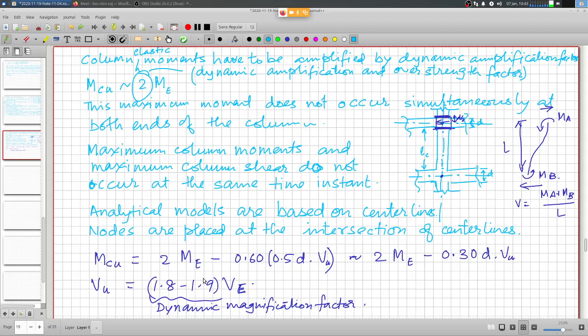The rest of the provisions, the minimum and maximum reinforcement, are governed by ease of construction and compaction related issues.